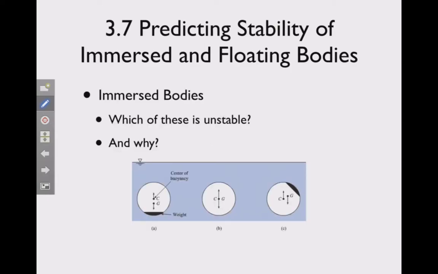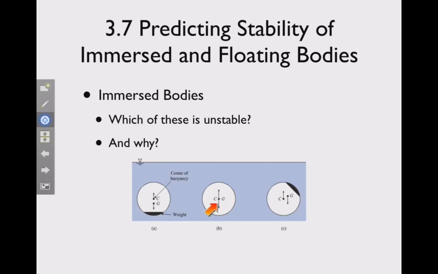So for immersed bodies, if we look at these, which one of these is unstable and why? So we've got a situation here where the center of buoyancy is actually above the center of gravity. In this case, the two are coincident.